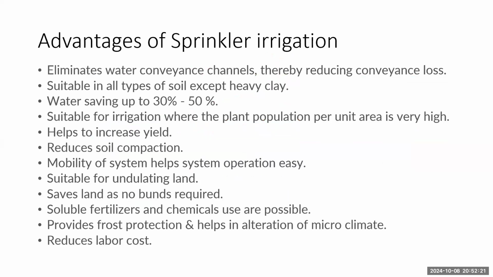Now the important point is, what are the advantages of the sprinkler irrigation system? The first advantage is that it eliminates water conveyance channels. Just now we have seen various types of controlled flooding systems, such as border flooding, check flooding, and the furrow method. All these methods need a conveyance channel.